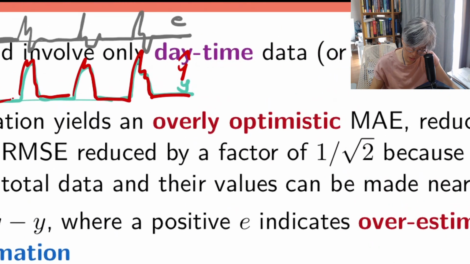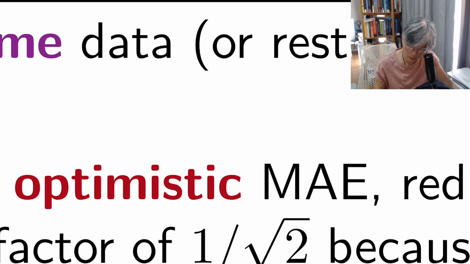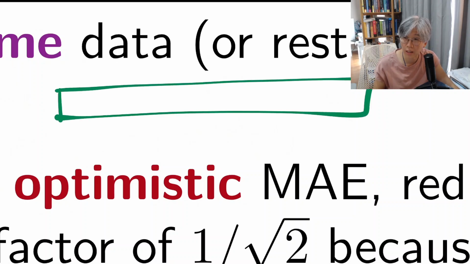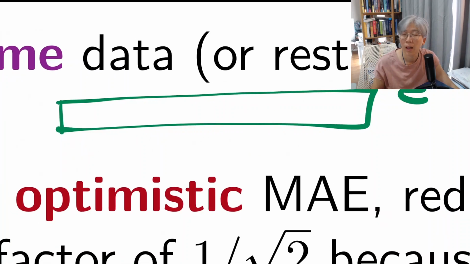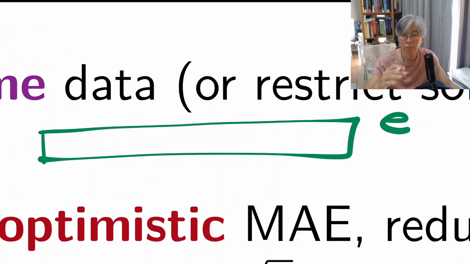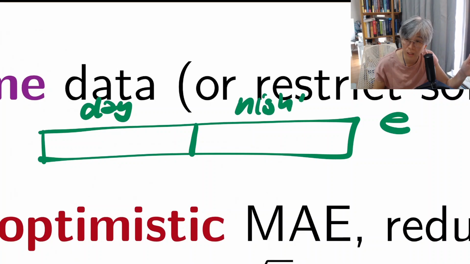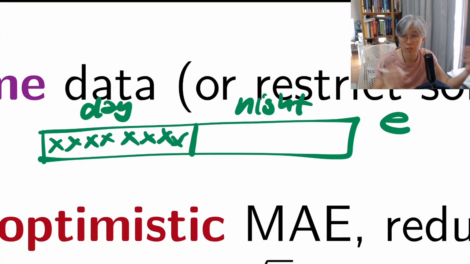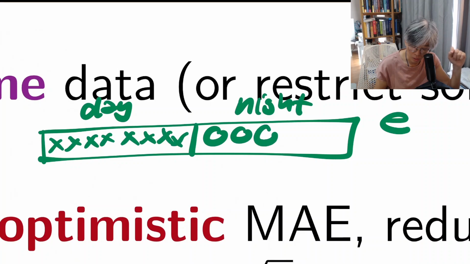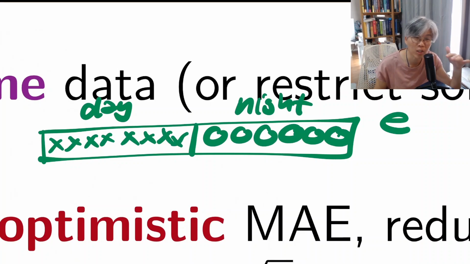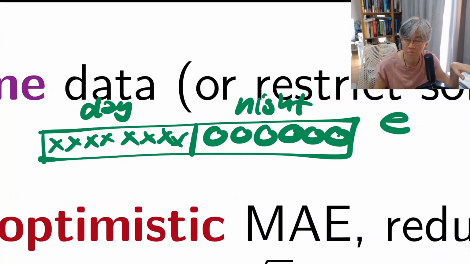Remember that I can draw the error vector as the green line, right? So your error vector. And if you collect the error vector from data over a period, of course, half of them would be daytime, half of them would be nighttime. For the daytime, the values of the error vary, depending on your forecasting performance. But at the nighttime, most of the error could be zero easily.